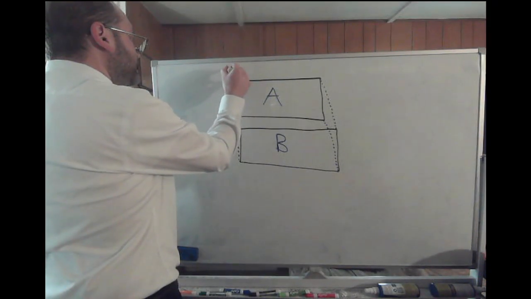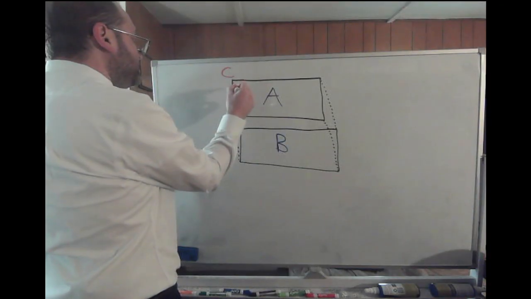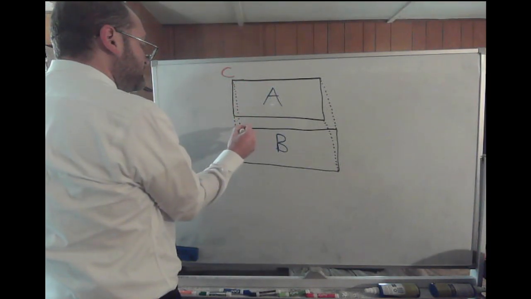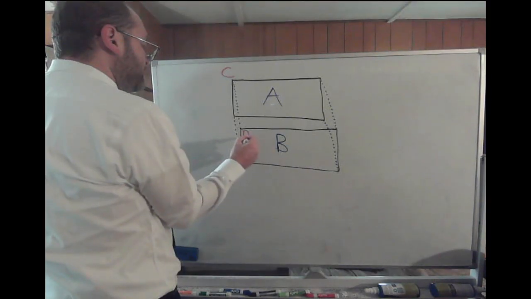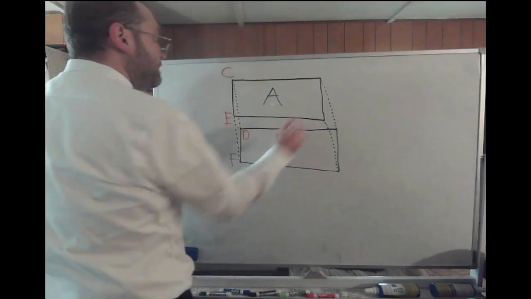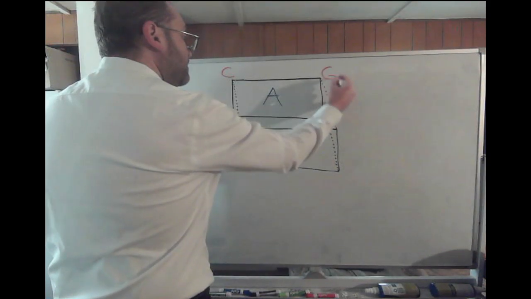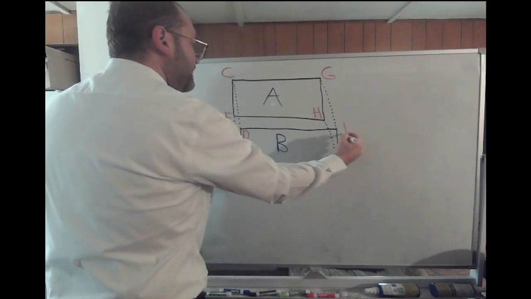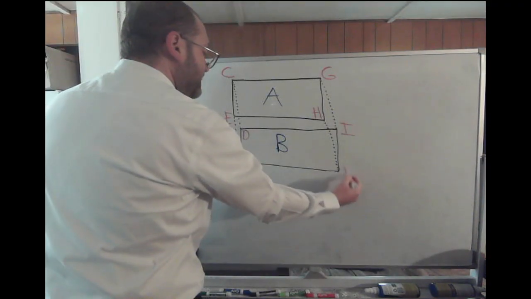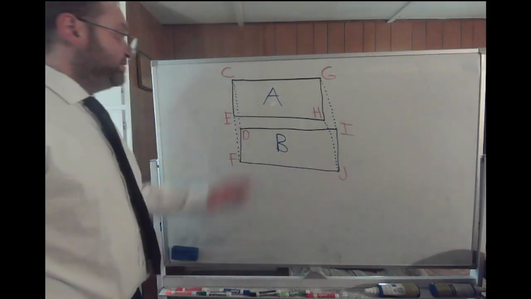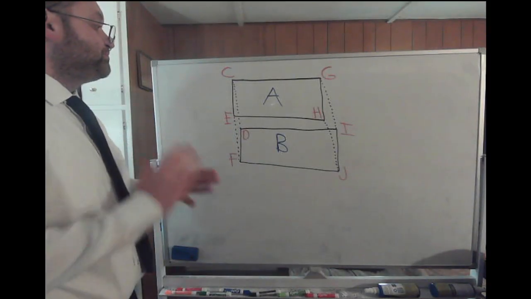Let's see, we could have point C, point D is right there, point E here, point F here, point G here, point H here, point I here, point J here. Okay, so what I have, of course, is a box.